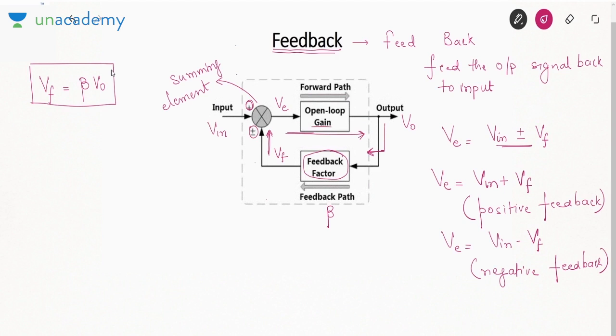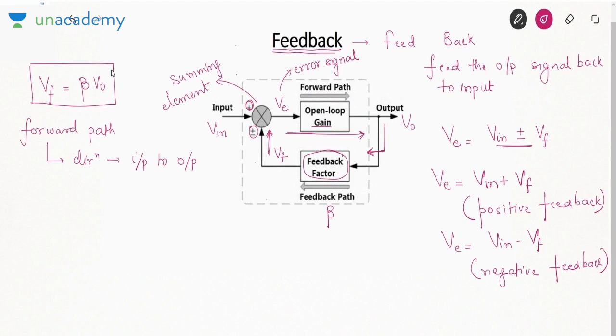Whenever I talk about the forward path, the direction of the path is from input to the output. What about feedback? It means the direction is from output towards the input. So feedback is nothing but the output signal fed back to the input, and it is compared with the input signal to generate an error signal.